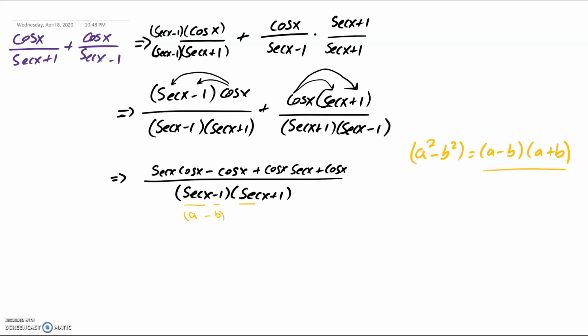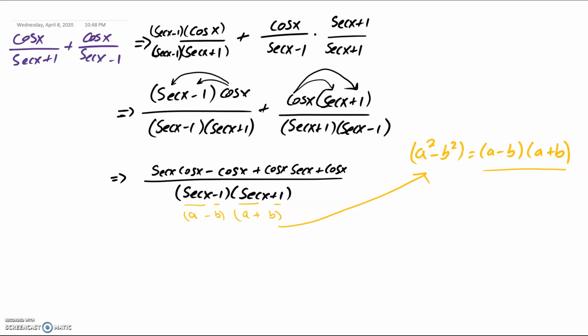So a minus b times a plus b is equal to what? A squared minus b squared, right? I hope you understand this one.